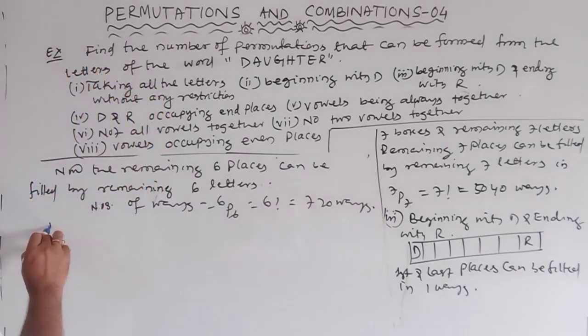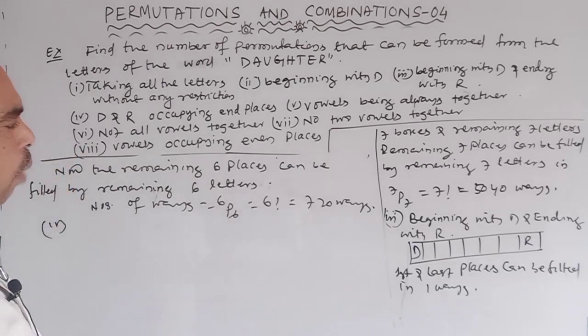Question number 4: D and R occupying the end places. Here we have 8 places.